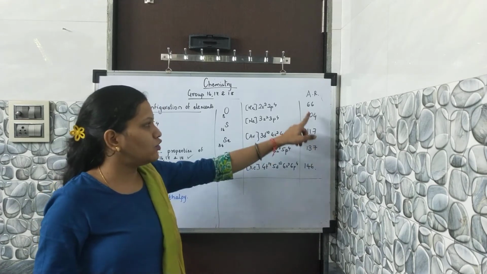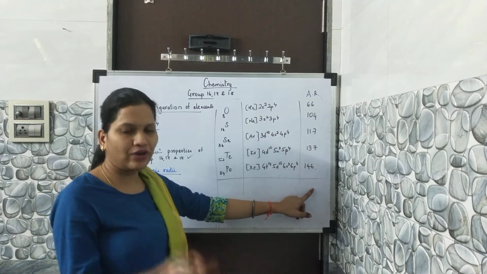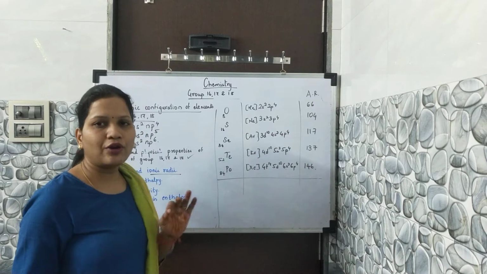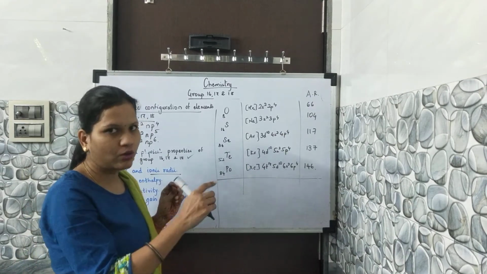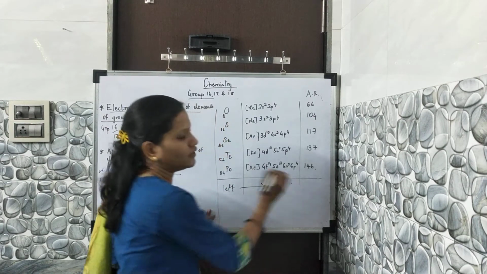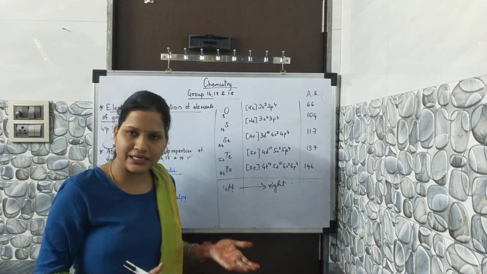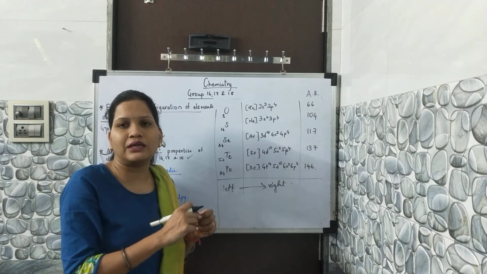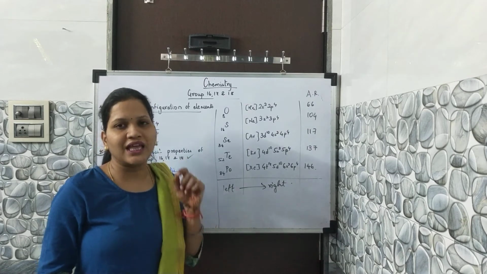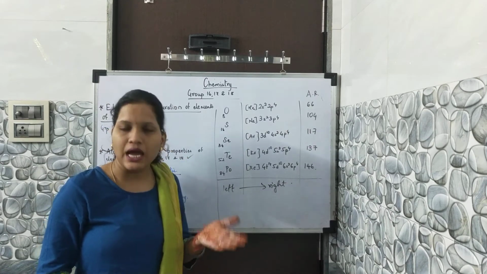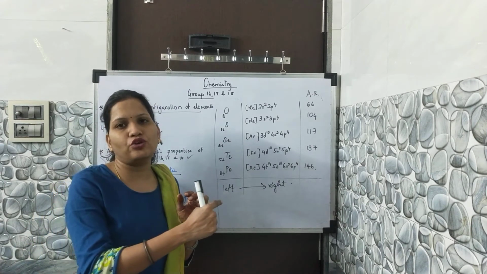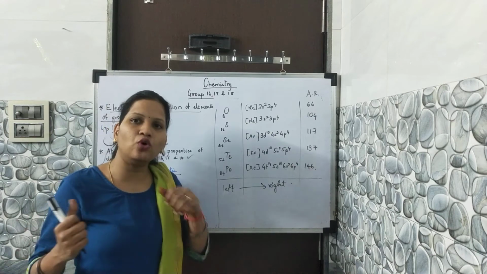Whereas when we discuss the period, from left to right the atomic radii decrease, because the electron enters the same shell. As the electron enters the same shell, the effective nuclear charge increases, and because of that the atomic and ionic radii decrease from left to right.